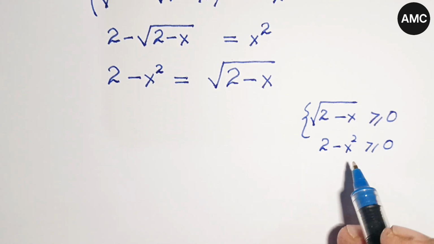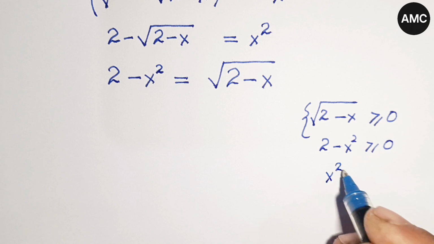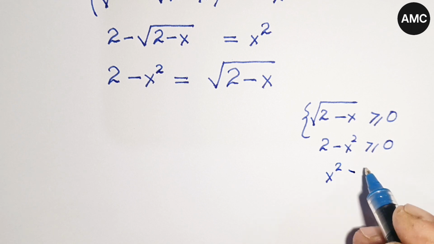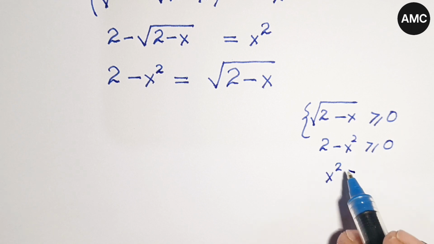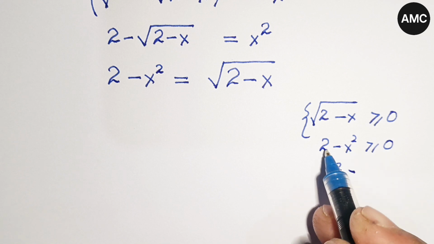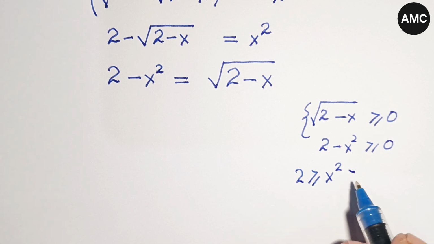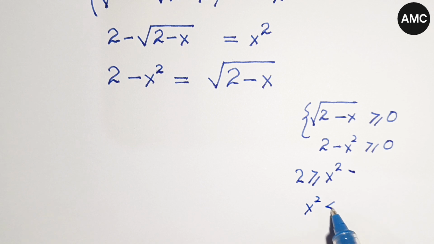If we shift this x squared to the right hand side, then 2 is greater than or equal to x squared, so x squared is less than or equal to 2. This is our second condition.